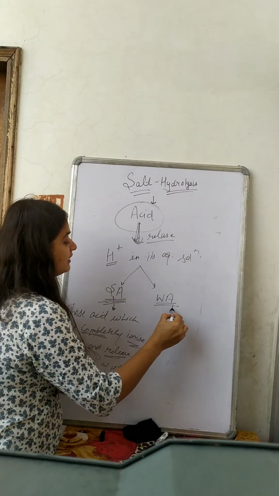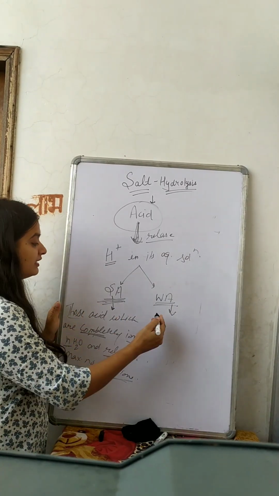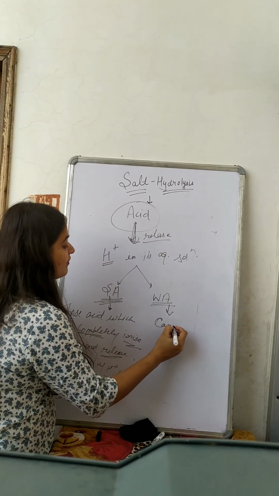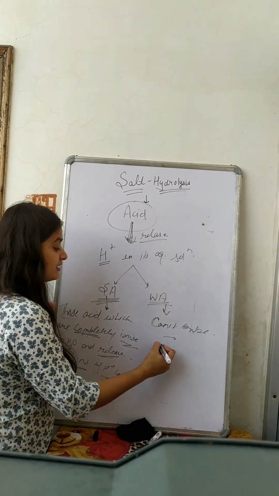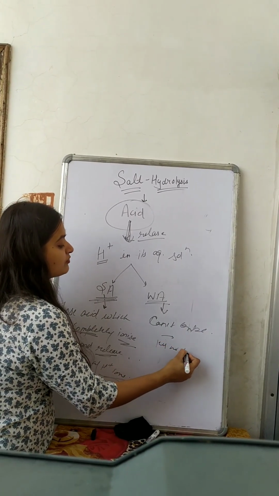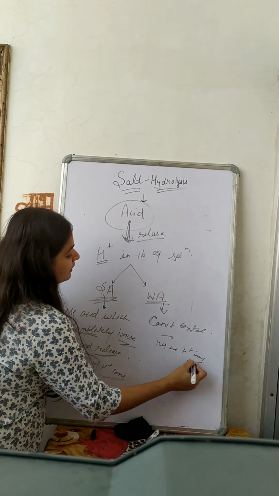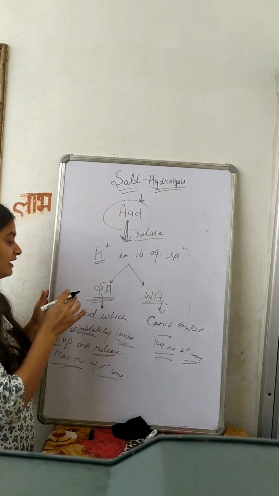What are weak acids? Weak acids are those acids which cannot completely ionize and release a smaller number of H+ ions. From an example we can clear the concept.